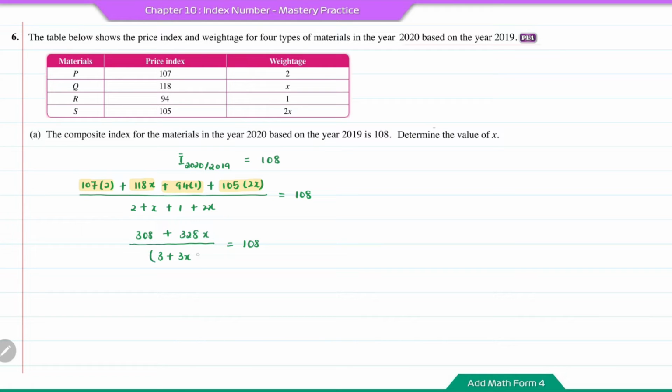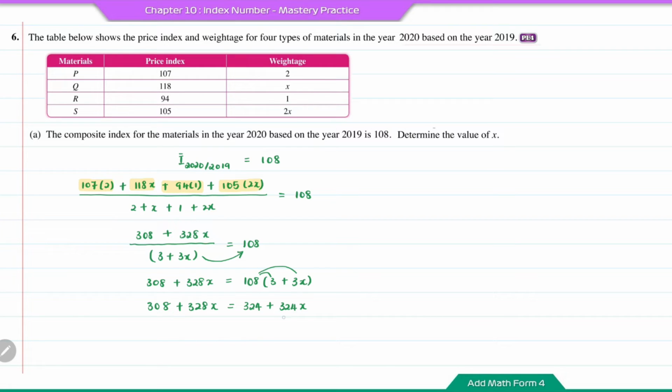Next, we're going to move the 3 plus 3X to the right hand side. So it will be 308 plus 328X equal to 108 times 3 plus 3X. Expand this, you're going to get 324 plus 324X.